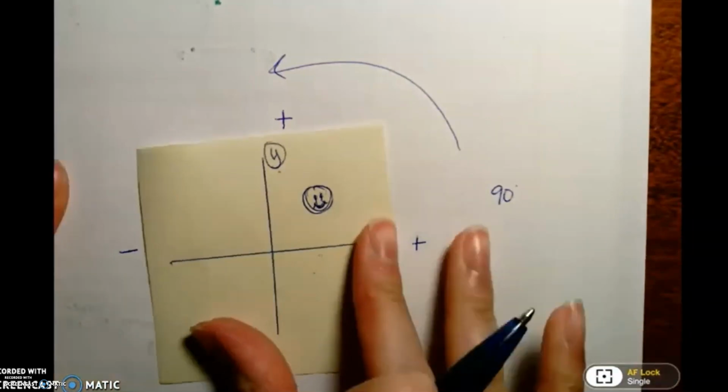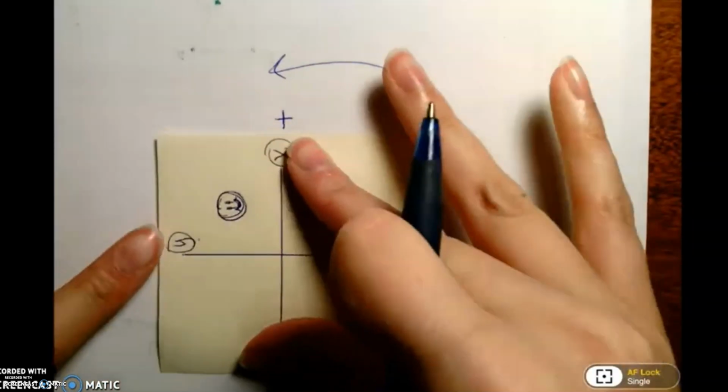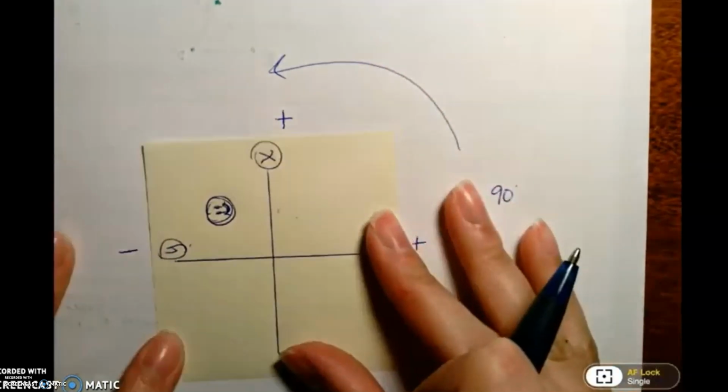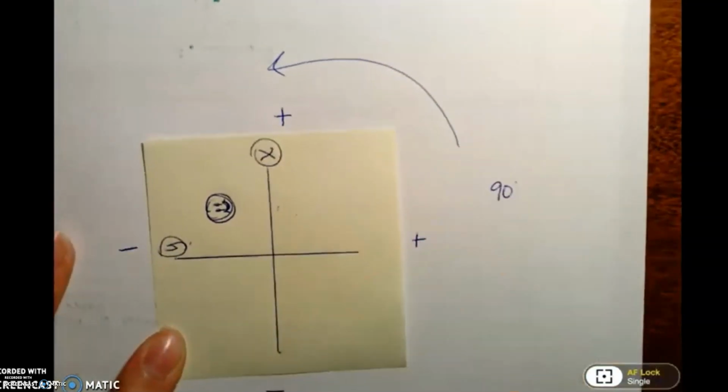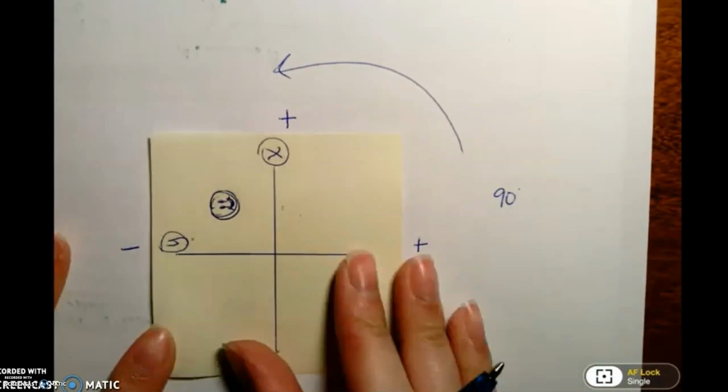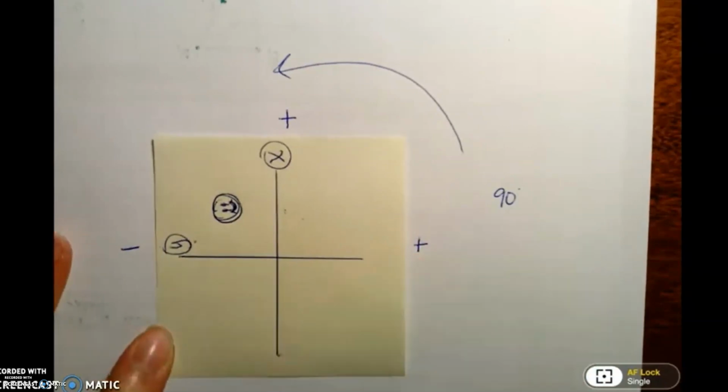And so if we go ahead and rotate 90 degrees, then we have our X and Y axis kind of flipping here.